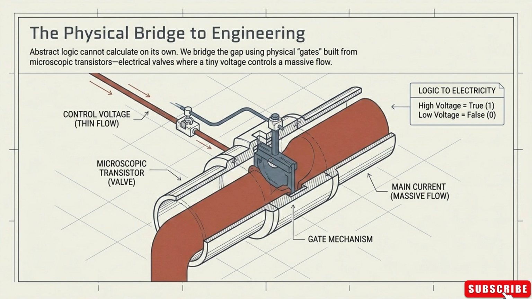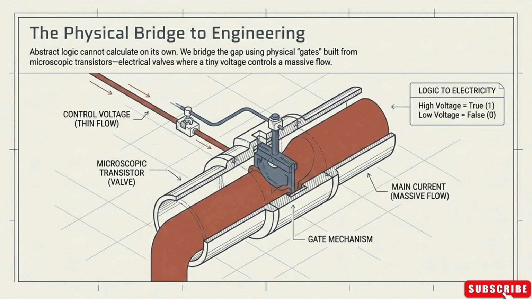By using a small amount of electricity on one wire, you can basically open or close the valve to control a much larger flow of electricity on another wire. So we map high voltage to the concept of true, or a 1, and then low voltage to false, or a 0. Exactly, and you route those voltages through a specific arrangement of transistors. A gate takes those input voltages, physically applies one of those Boolean logic rules we just discussed, and spits out a new output voltage. Right.